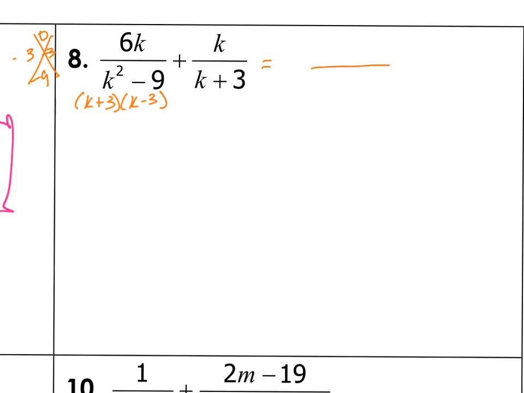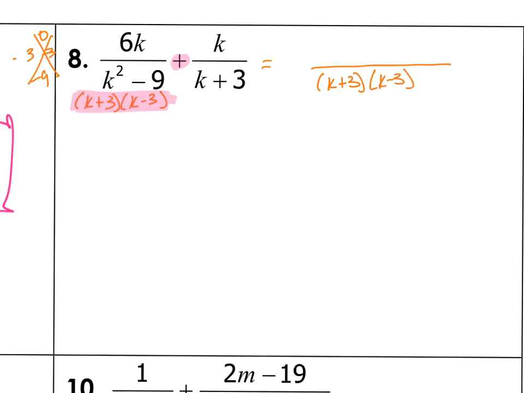So I'm going to ask myself, it's an add problem, so I need to write everything that's in this denominator. What is in this denominator? Well, k plus 3 and k minus 3.